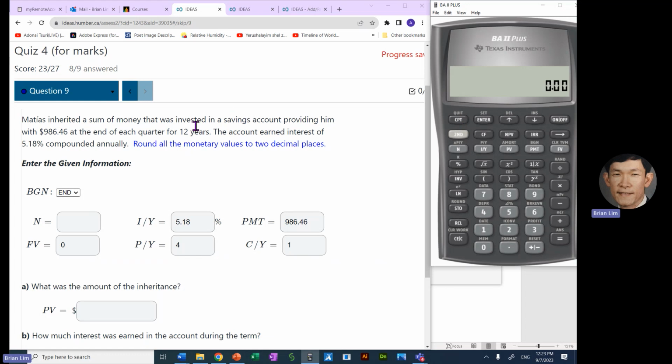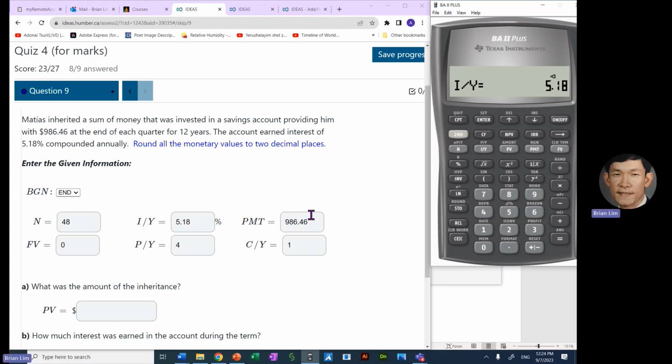Now, the number of years: end of each quarter for 12 years. So we have 12 years, and we go second N, and N turns out to be 48. IY is 5.18. Present value is what we need to compute.